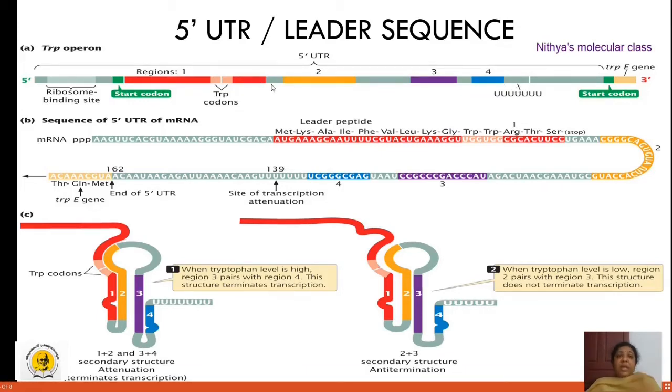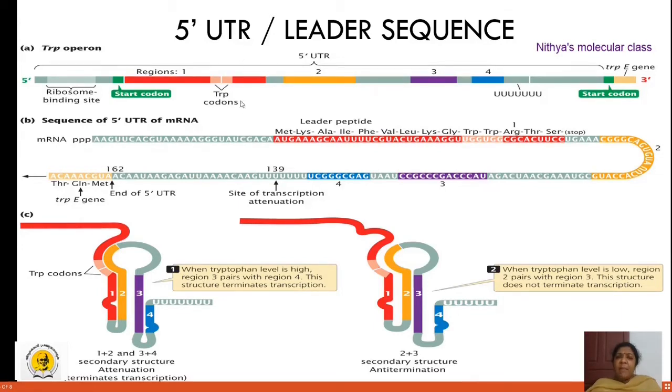In the first region you can see 2 consecutive tryptophan codons. These are 2 trp codons actually. This nucleotide sequence will be transcribed and translated from the mRNA.